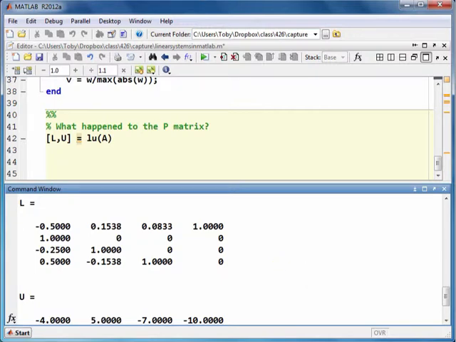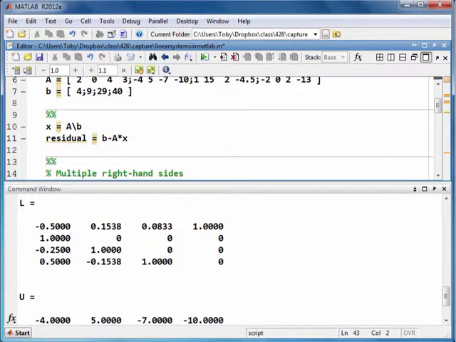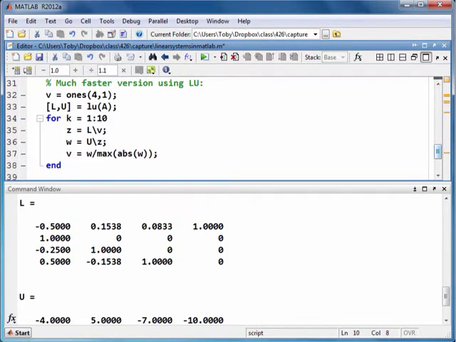Well, you also might be curious about the fact that we use backslash in different ways. So going out to the beginning, when we say A backslash B, it's a general matrix A. MATLAB does the LU factorization, or the PLU factorization, and then does two triangular solves all at once. But when it comes to something like this last loop, when we have an L backslash or a U backslash, well, with U backslash, MATLAB detects that U is upper triangular, and so it immediately jumps to back substitution.